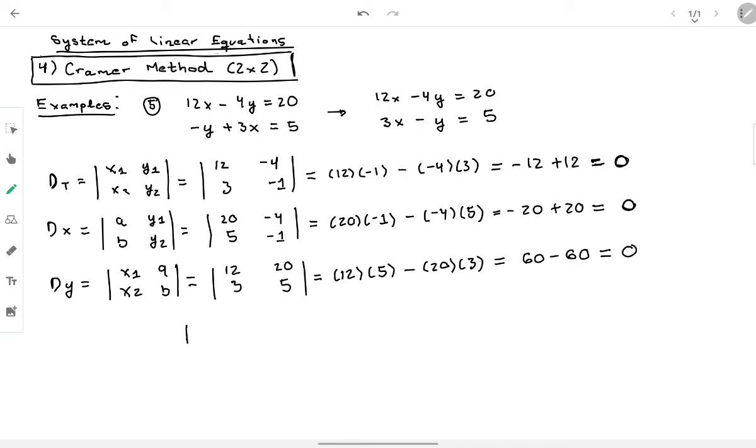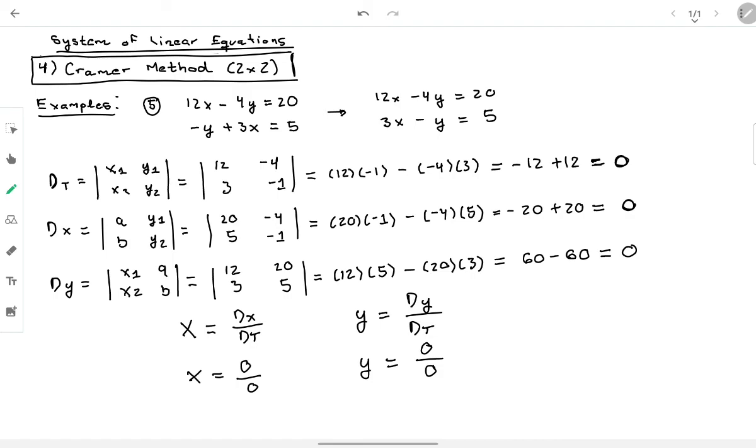What will happen then? To obtain the value of x, it's the determinant of x divided by the determinant of the whole system. To obtain the value of y, it's going to be the determinant of y divided by the determinant of the whole system. So x is going to be 0 divided by 0, and y is going to be 0 divided by 0.